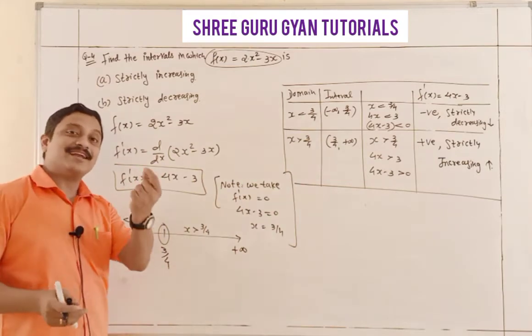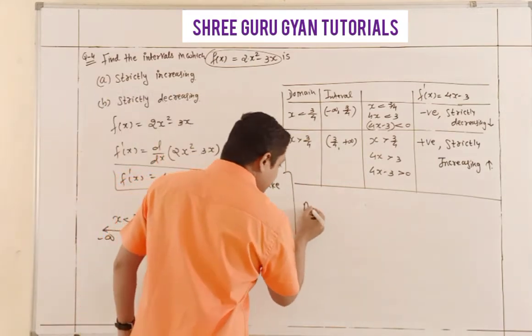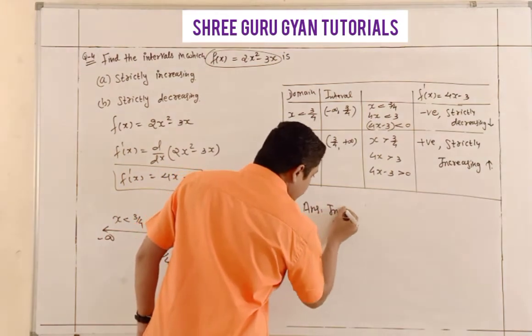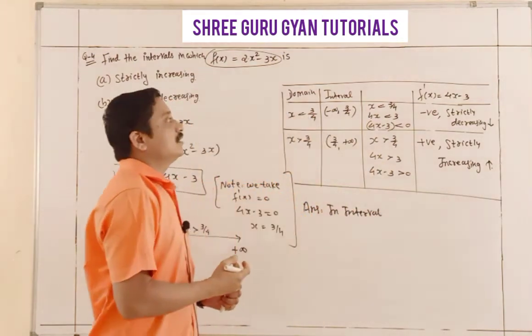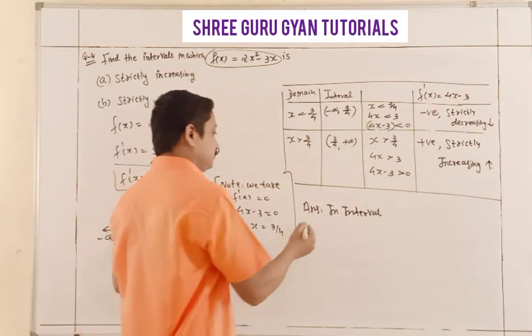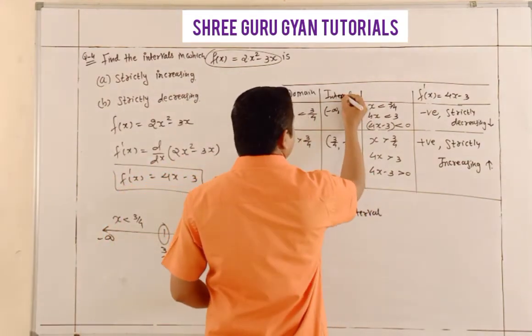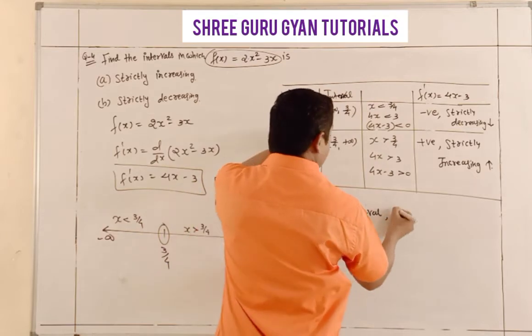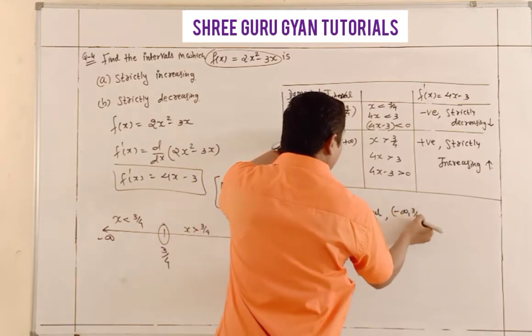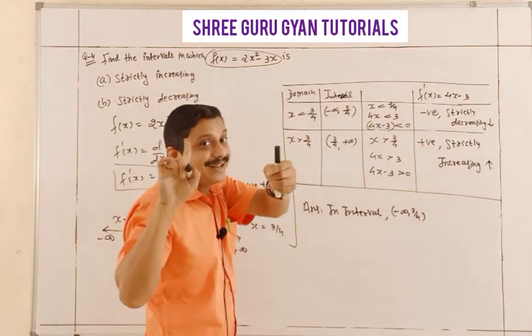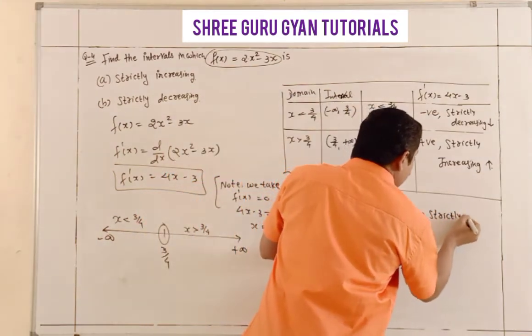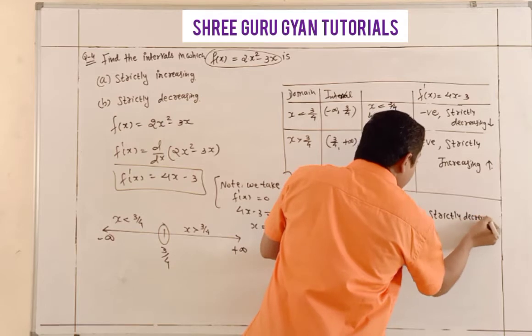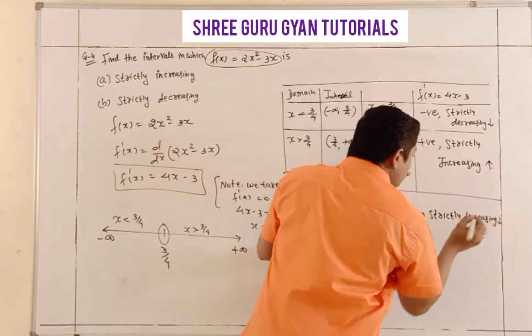So at the last, my answer is: in the interval minus infinity to 3/4, is it strictly decreasing? Yes, strictly decreasing, taking a downward arrow.